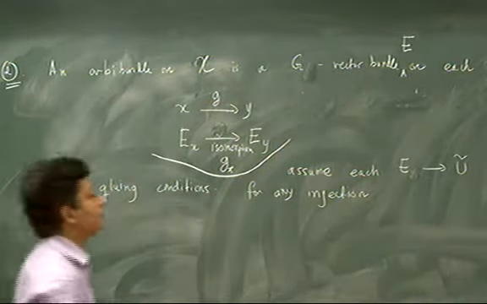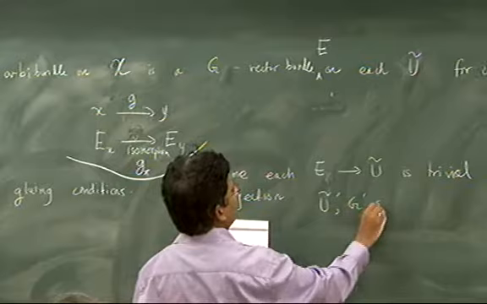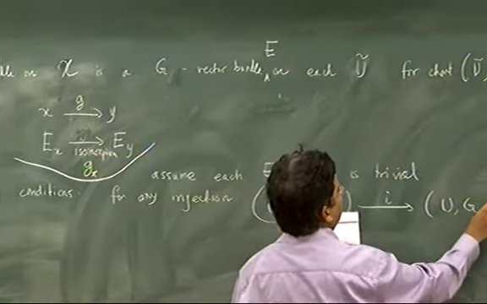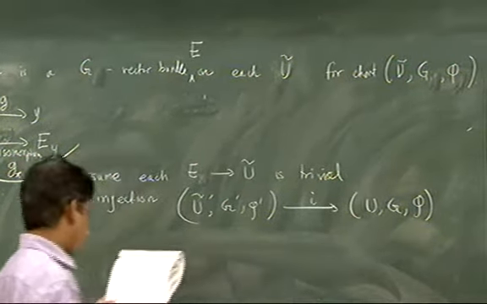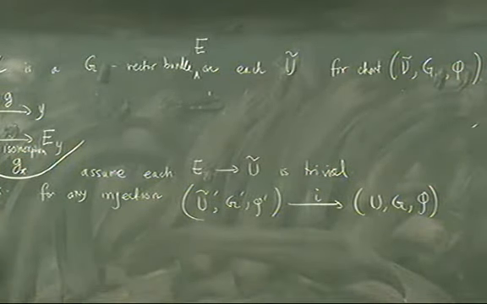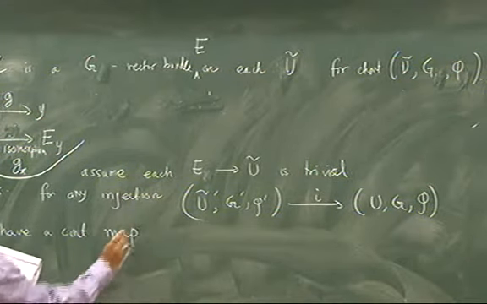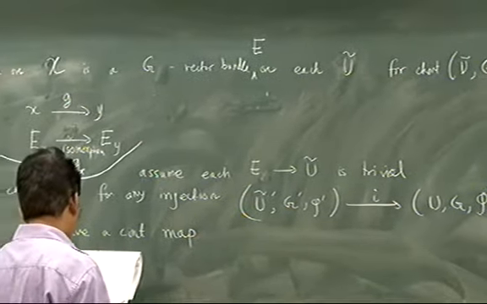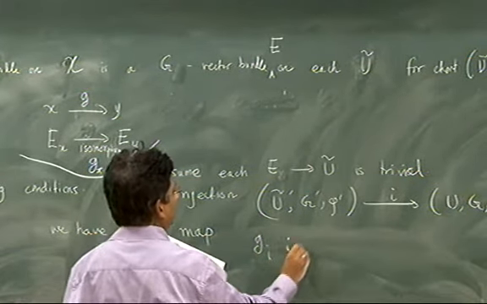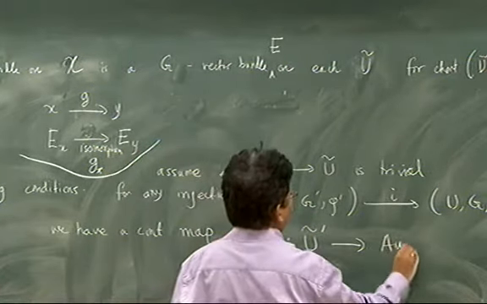Then for any injection U tilde prime into U tilde, we have the continuous map G_I from U tilde prime to automorphisms.